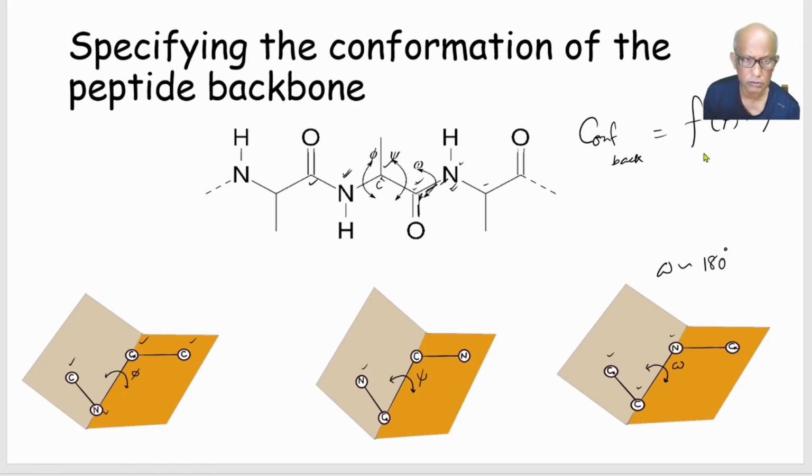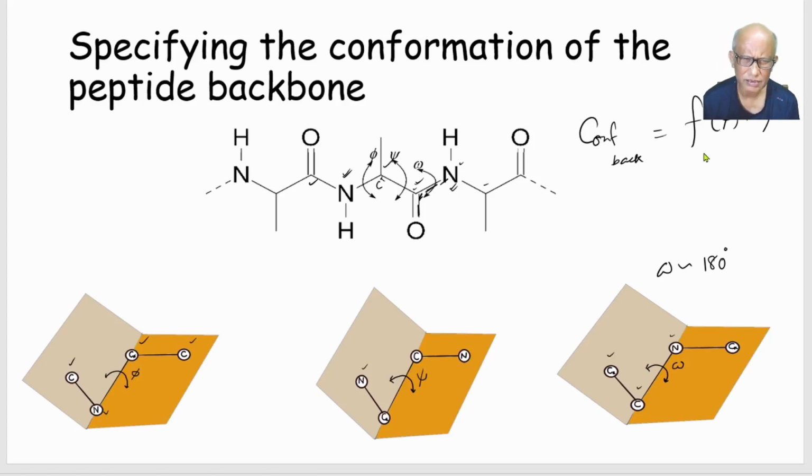Now you can say that, well, the bond lengths and the bond angles are also there. Indeed they are there, and they are also important. But again, there is hardly any variation in the bond lengths or the bond angles. The bond lengths remain almost absolutely constant for the most part. The bond angles, of course, can move about a little bit, and that has important consequences, and we will discuss that also.